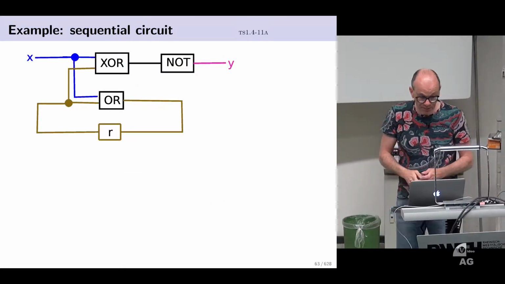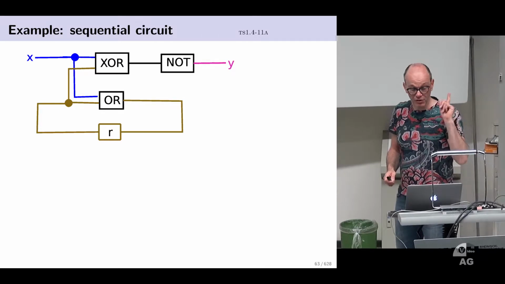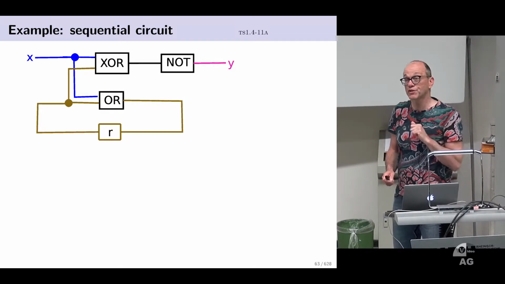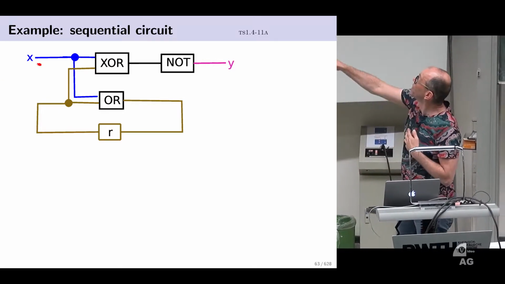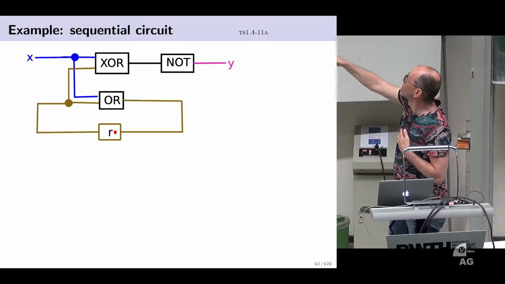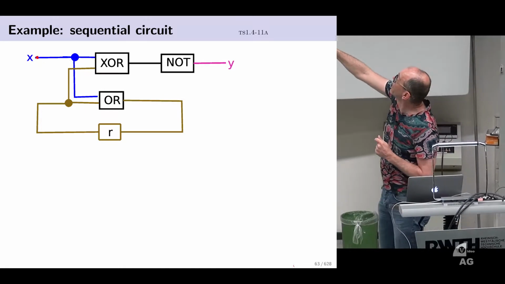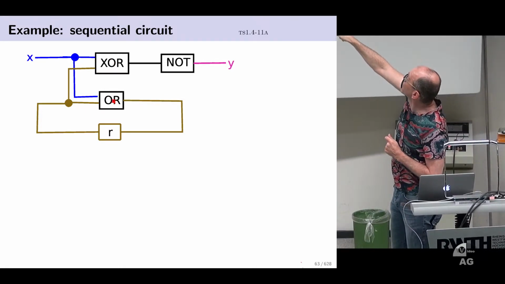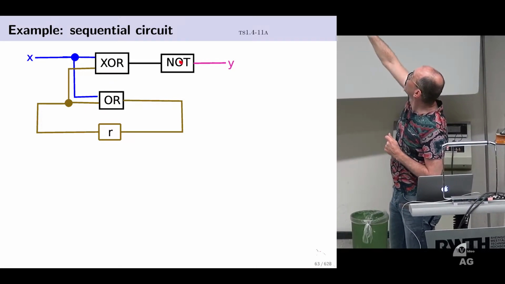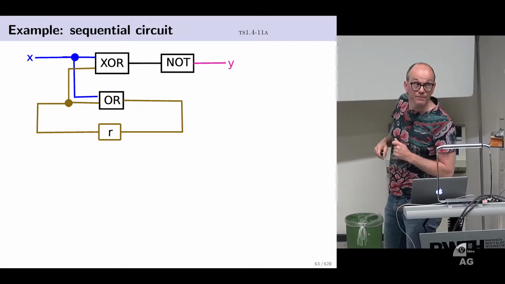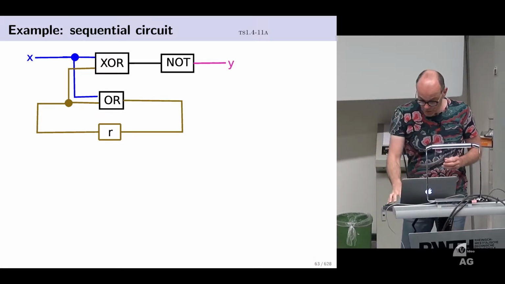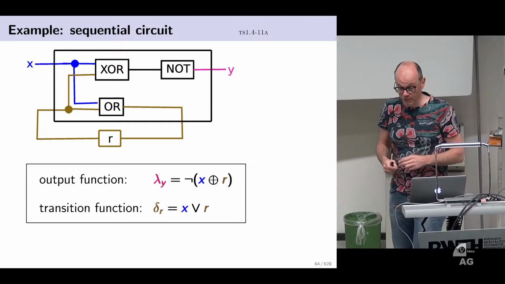But let's look at an example. This is a very simple example. It has one input, one output, one register. And what it does is the input is coming here. There is an exclusive OR here, there is an OR here, and there is an inverter over here. Good. So what's the output function?